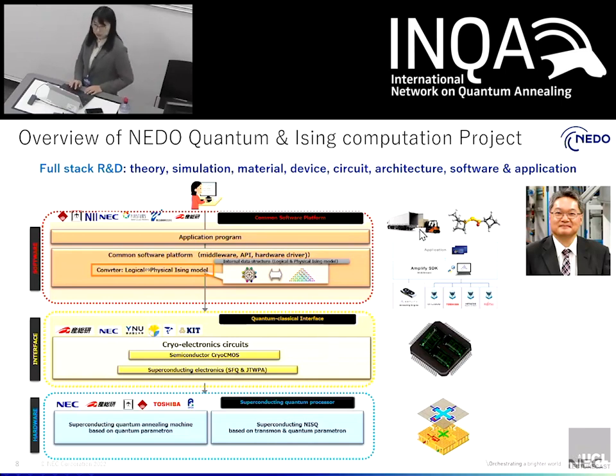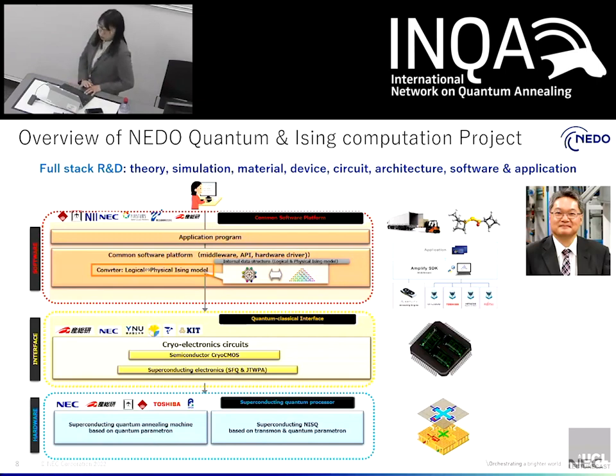The project manager is Kawabata-san, who gave a talk about another quantum annealing machine yesterday. This project targets to realize a quantum annealing machine using parametron and also NEC computer. This quantum annealing machine is the main topic of my talk.